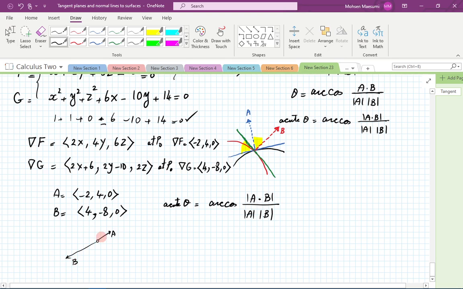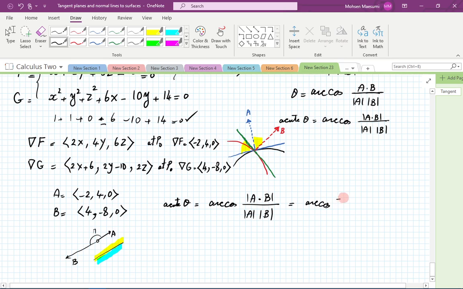So the angle between the two of them, well, in geometry you say it's pi, but if you look at the acute angle, like if you consider two lines, one line is going like this and another line is like that, the angle between these two lines, you can say it's 0, you can say it's pi. Either way you are going to be correct, and we are going with the acute angle, so we say the angle is 0. But in general, what do you do? In general, you say arc cosine of A dot B over the lengths, and A dot B becomes minus 8.